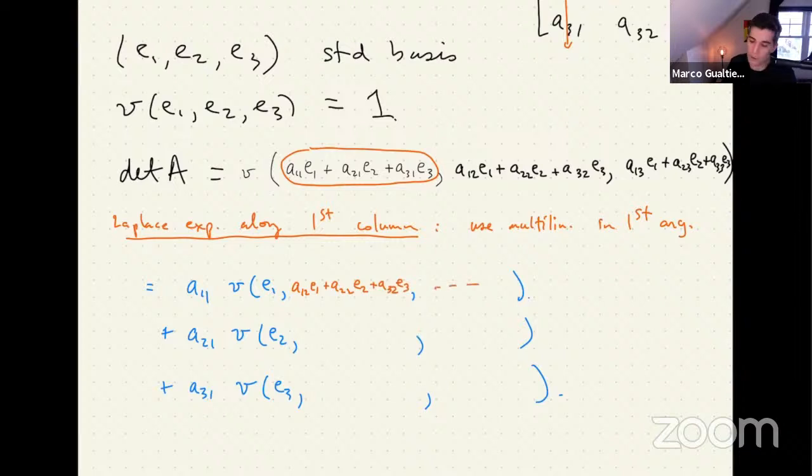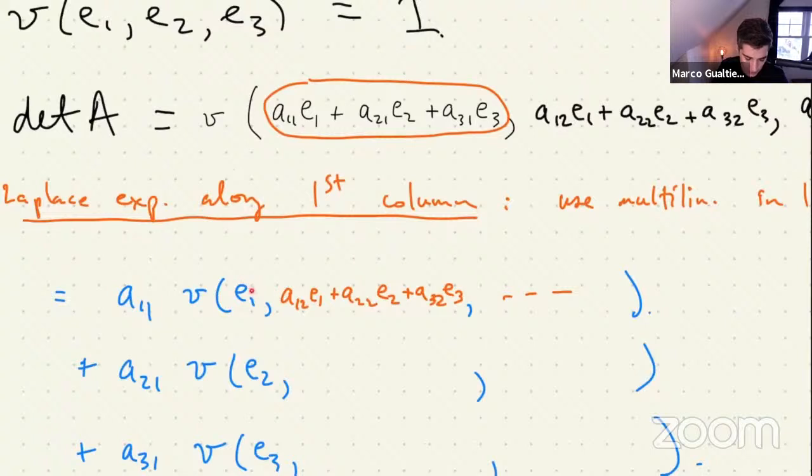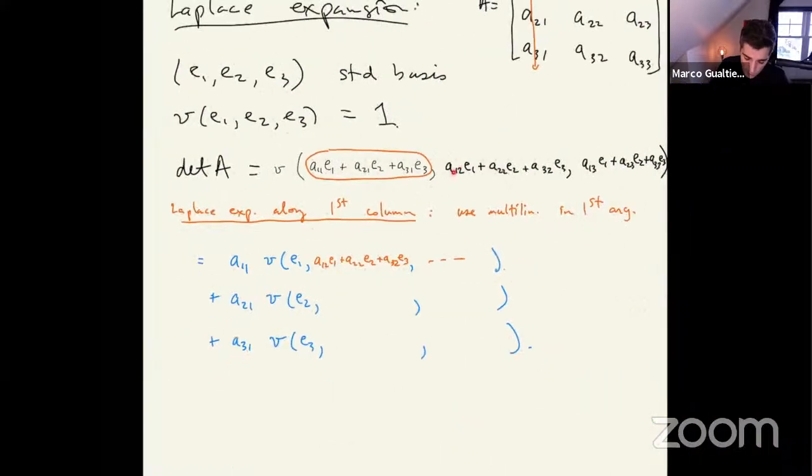And then I have to fill in the third entry. But notice that because I did the expansion in this way, this first element is E1. That means I do not need to put the E1 components of the second and third entries, because if there's a repetition of E1, that term will not contribute. That will be 0.